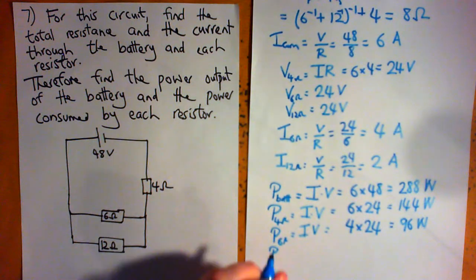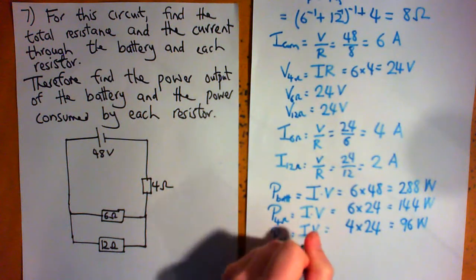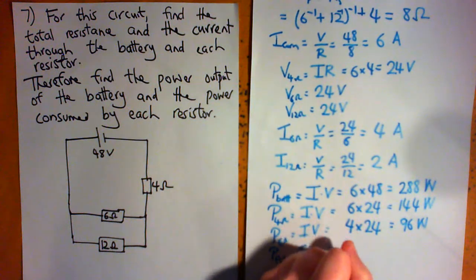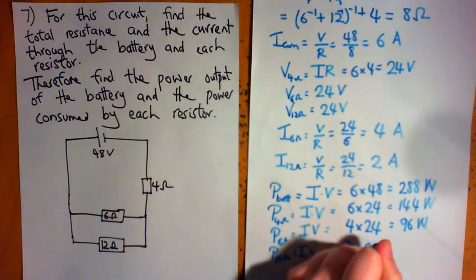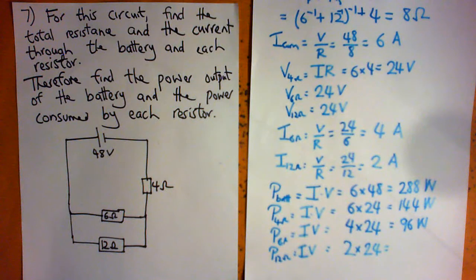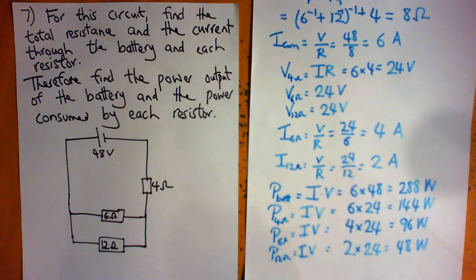And the power of the 12 ohm resistor is again I times V. The current through it is 2, and the voltage across it is 24 volts, which gives us 48 watts.